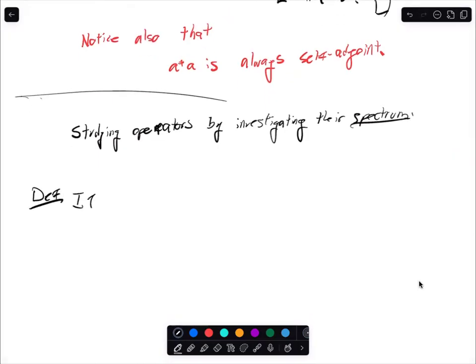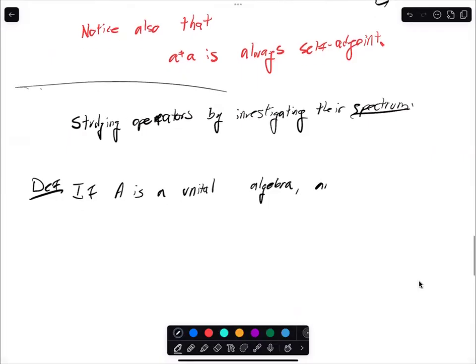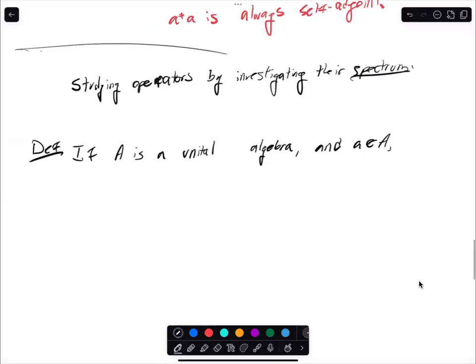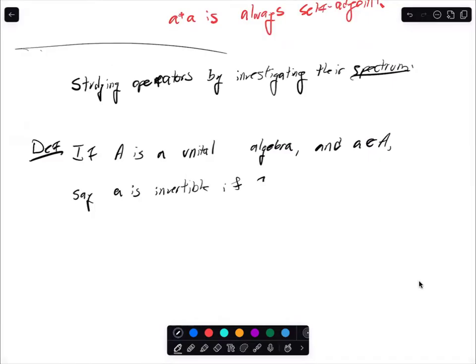So if A is a unital algebra, you don't even need any structure, it's just a unital algebra, and A is an element of it, we say first that A is invertible if there exists another element B with A times B the same as B times A, which is equal to the identity in that unital algebra.